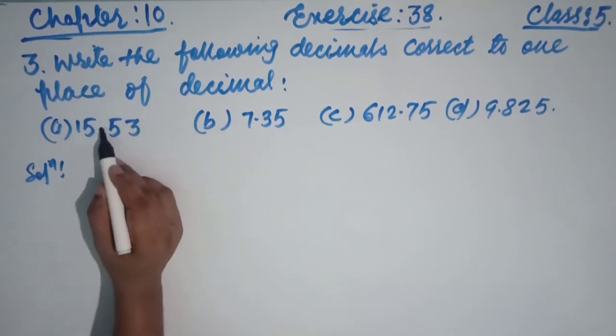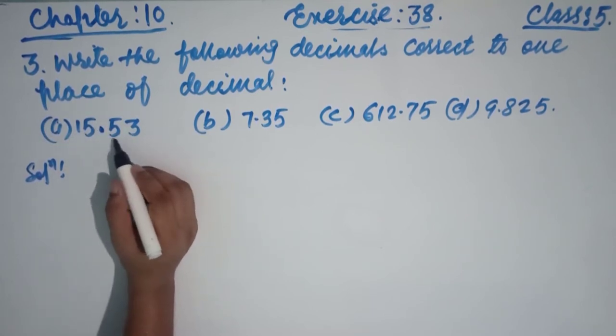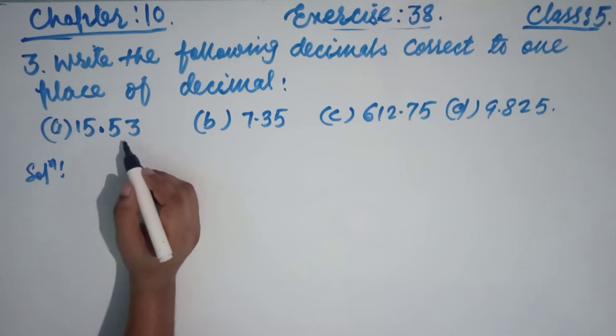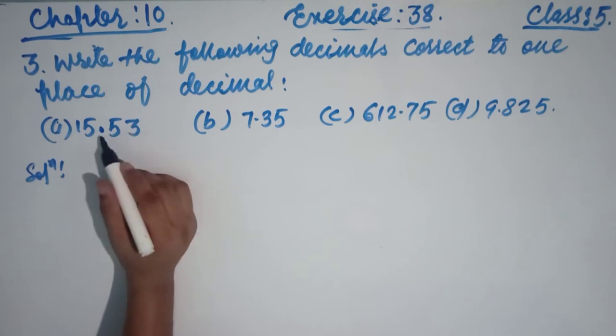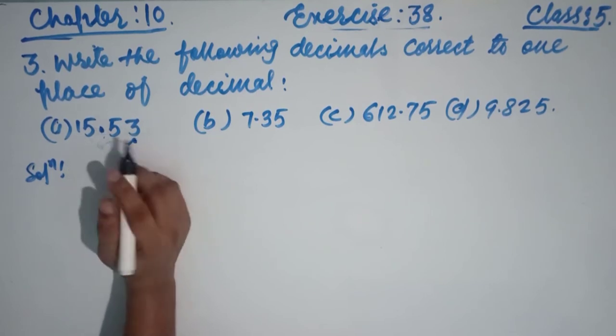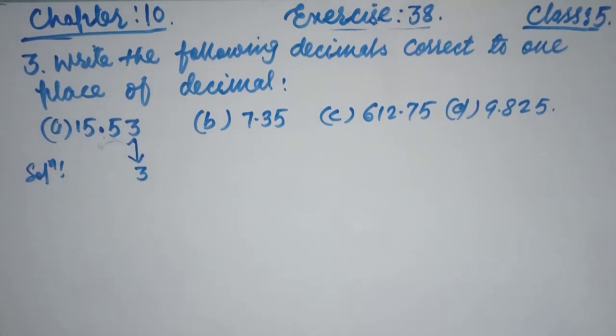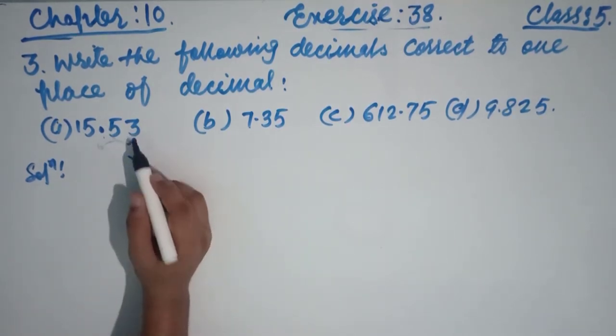So first, friends, look at the second digit from the point. This is the first decimal place and this is the second. Here it is 3.